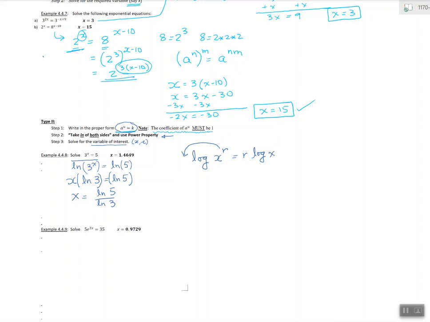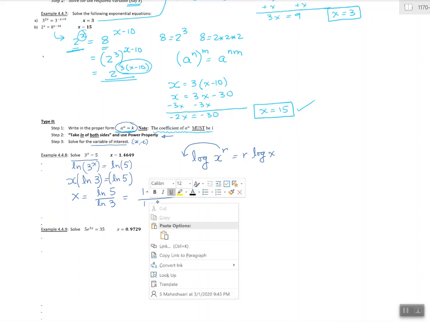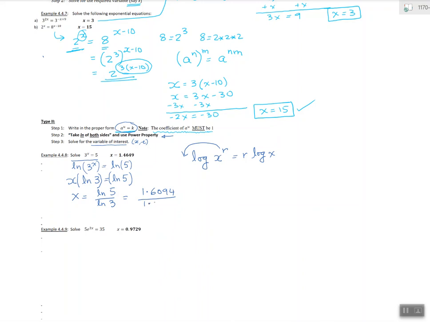So for example, if you were to use your calculator, you would get 1.6094 and ln of 3 would be 1.0986. So you divide these two numbers and you're gonna get 1.4649. So that means the value of x is 1.4649.